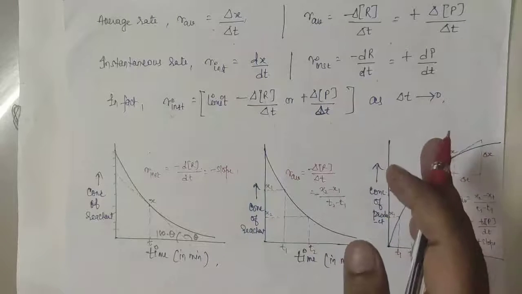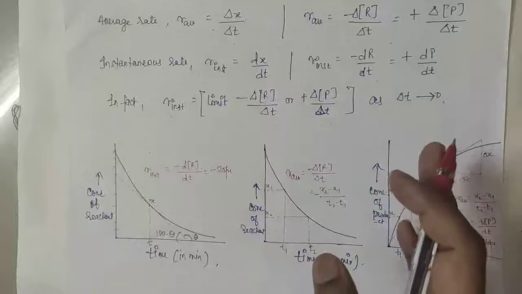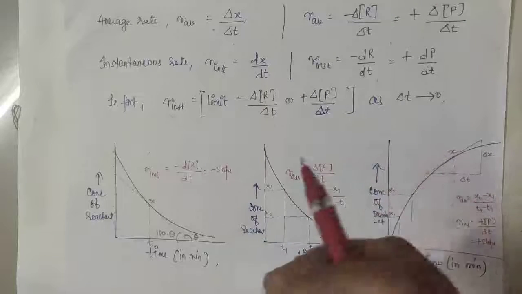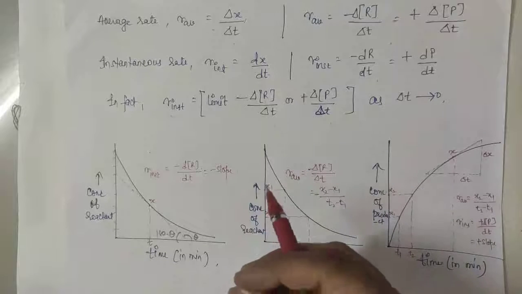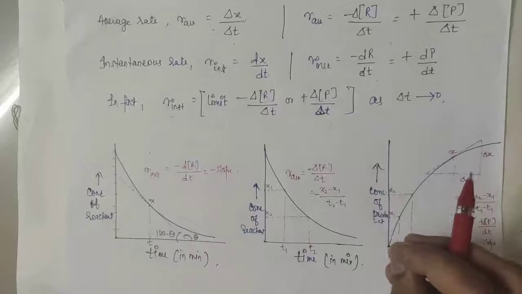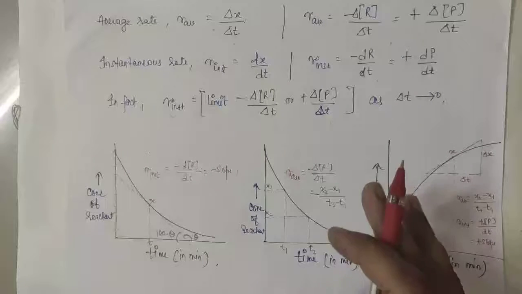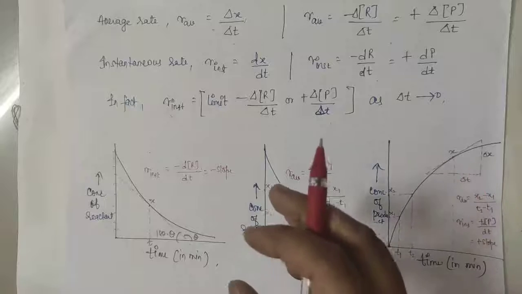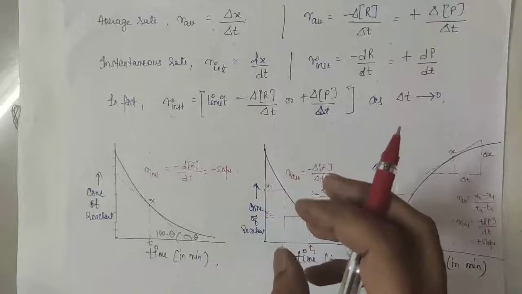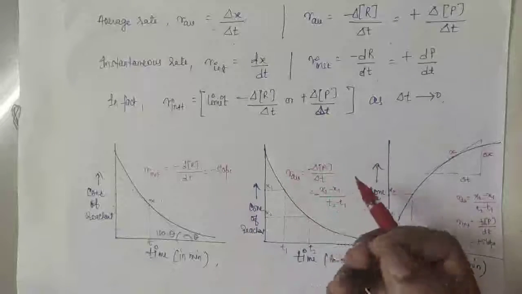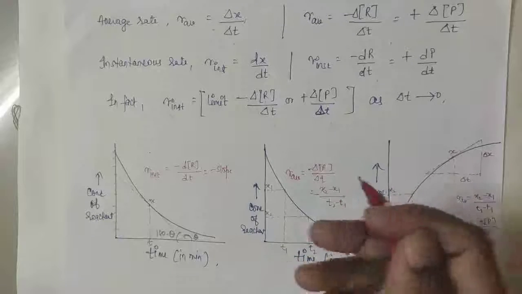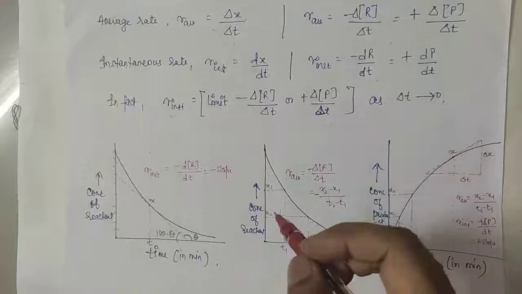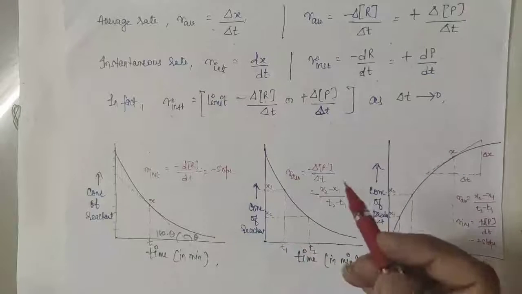The most common practice is that we withdraw small amounts of the reaction mixture at different intervals of time and immediately cool down to 0 degree centigrade to arrest the reaction. This is called the freezing of the reaction, and then we find the concentration of reactant or product in the reaction mixture. Basically, titration is used to determine the concentration.